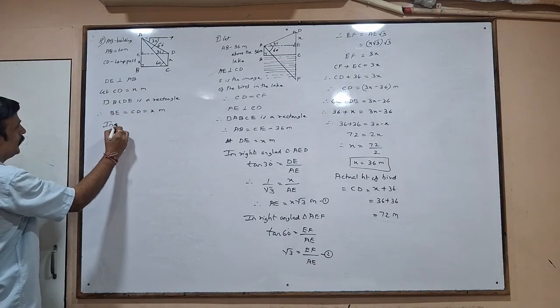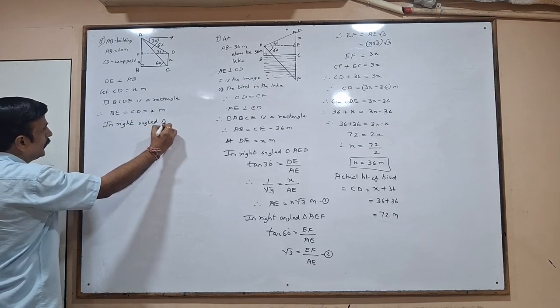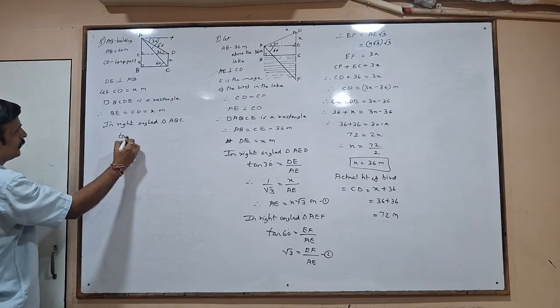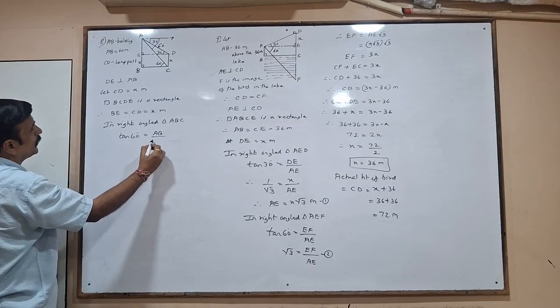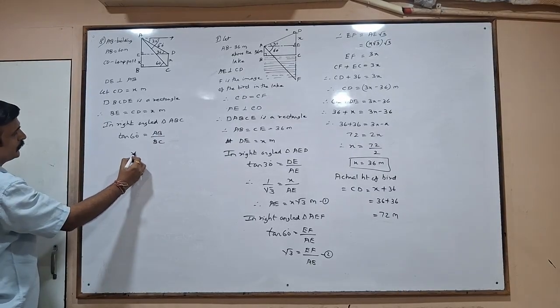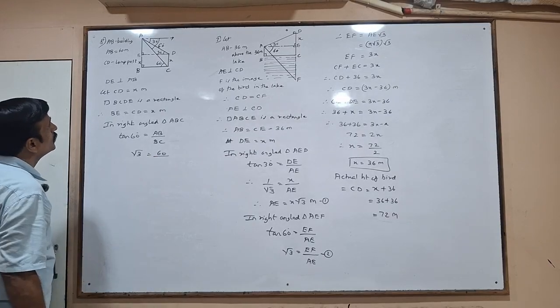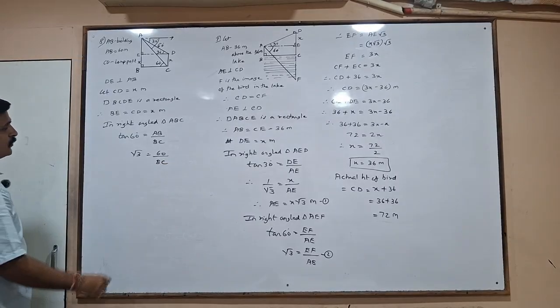So, in right angle triangle ABC, tan 60 will be perpendicular upon base, root 3. AB is known, 60. BC is not known.